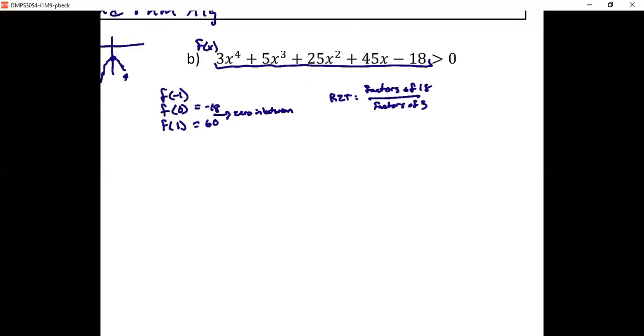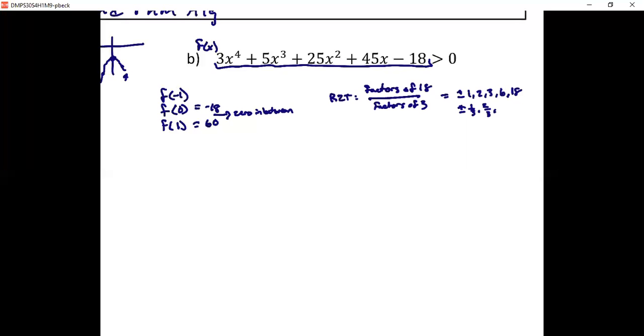Factors of 18 are going to be plus or minus 1, 2, 3, 6, 18. And then don't forget, we have to take those over the factors of 3, which are 1 and 3. So it'd be 1/3, 2/3, and 3/3, 6/3, and 18/3 are all redundant.